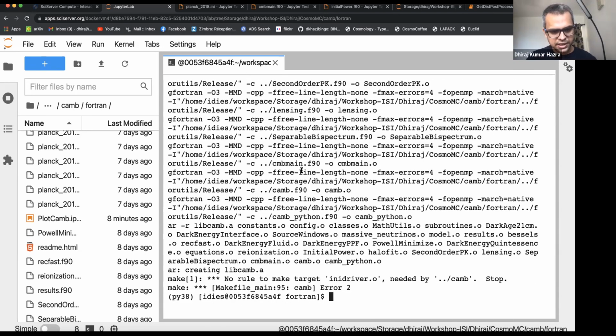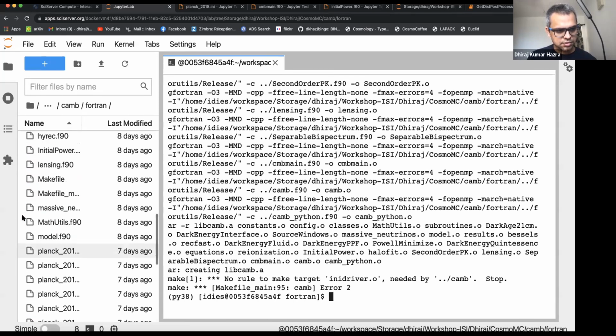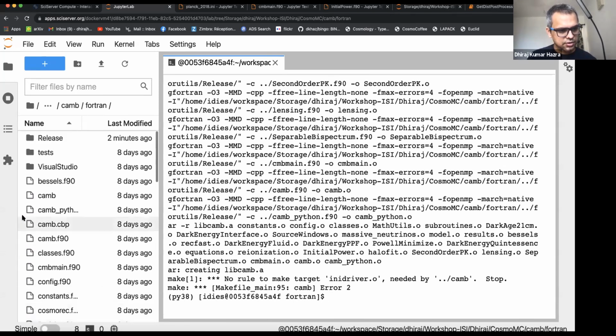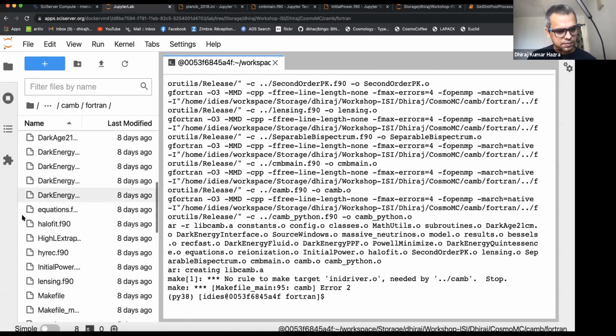I am not able to compile here. I do not know why. Any driver.o is needed by cam. That is not there. So why it got deleted, I don't know. Cam dark energy initial power.